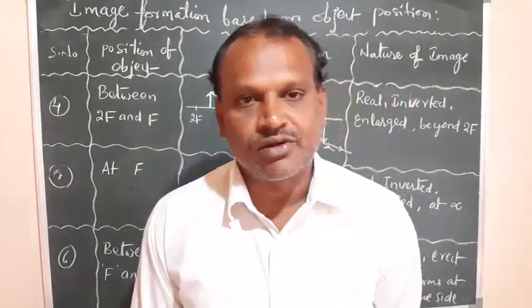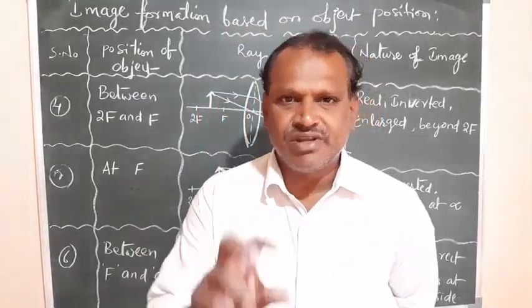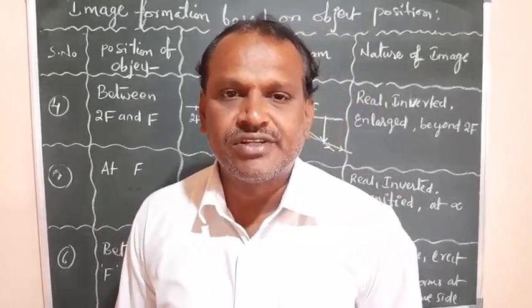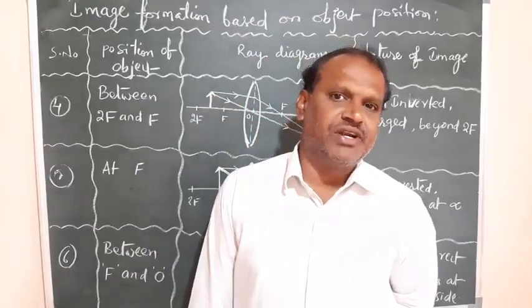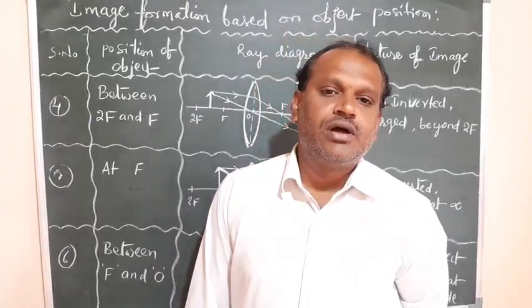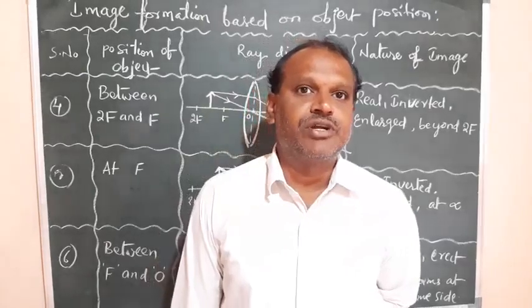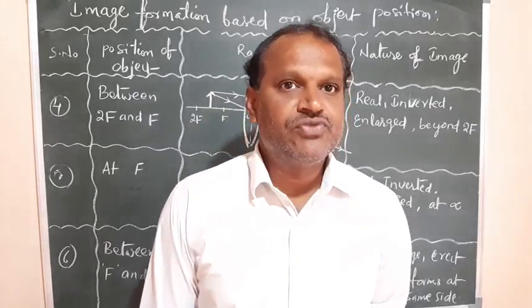So with this I conclude, and I'll send you 2 videos. The second one is very short, but the first one is nearly some 10 to 20 minutes. So watch both the videos and conclude the result of the position of the object and how you get the image formations.